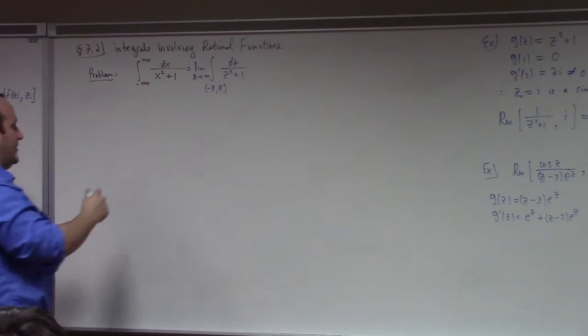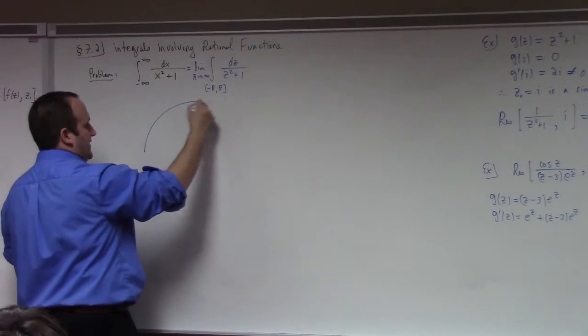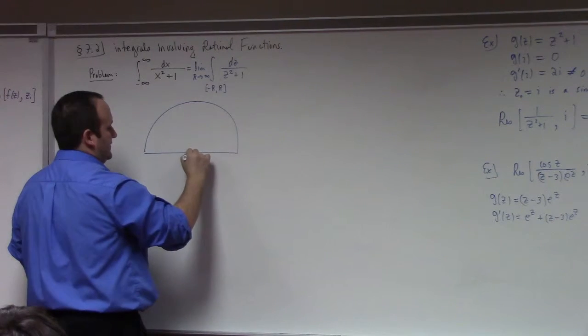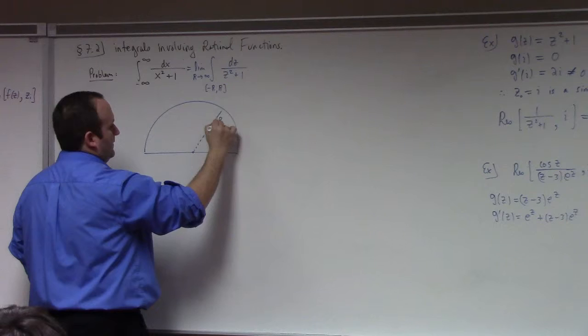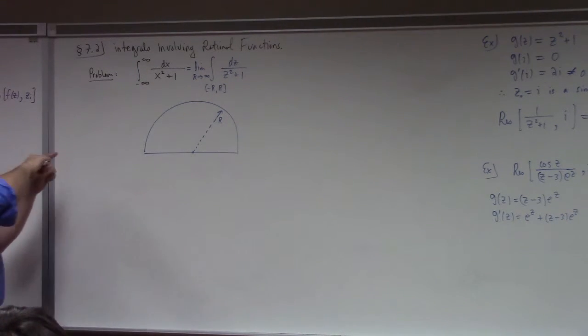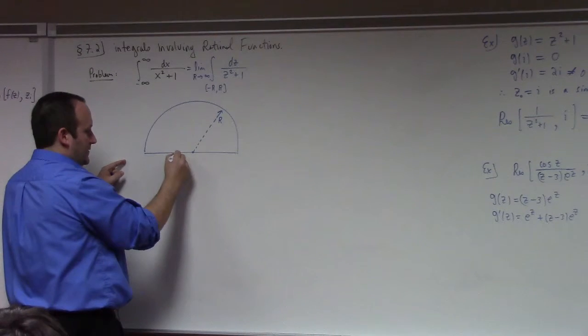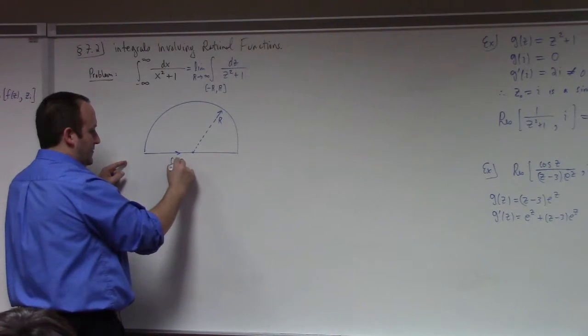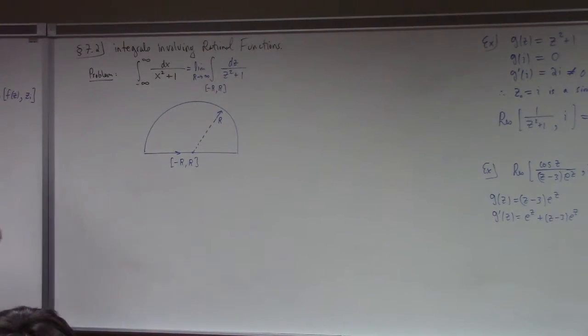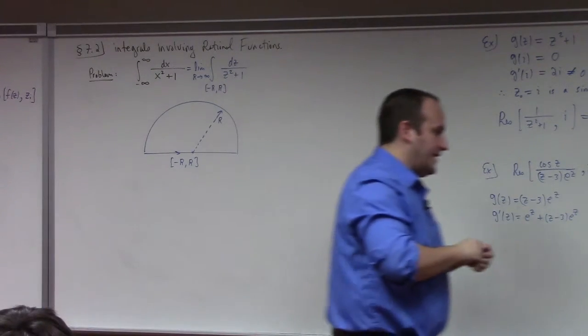And if you have a little imagination, you can look at this half circle, like so, of radius r, right? So this bottom piece is the minus r to r, which I will shortly illustrate in red. That's just a line segment on the real axis, right?